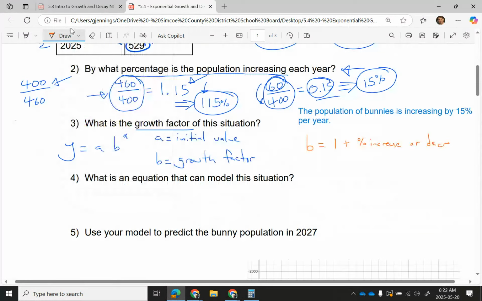So in this case, b is equal to 1 plus 0.15 equals 1.15, which also equals, by another name, 115%. Percent means take that number and put it over 100. So 115 over 100 is the same thing as 1.15. It's just a different way of showing you.